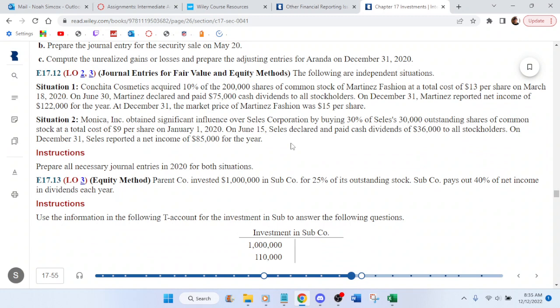Right. Acquired 10,000 shares, 10% of the shares. Cash dividends are recorded. And net income, 122. And at the end of the year, it was... Right. This is very easy. I know how to do these.